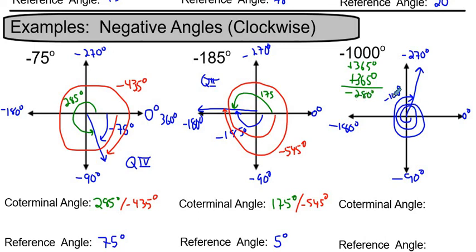So I currently can see one of my coterminals, right? If I were to go in the negative direction and stop here at negative 280, that can be my coterminal in the negative direction. And then there's also another one I could have labeled. If I just went one loop, I would have negative 640.